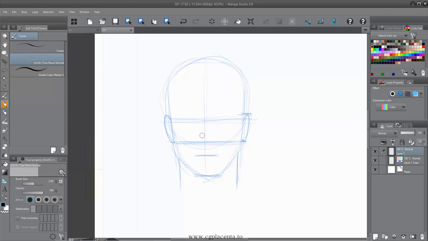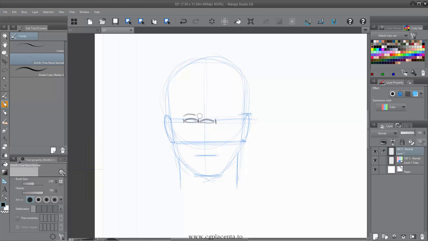So the eyes are generally spaced evenly across the face. What I mean by that is generally if we do an eye, so this will generally be the same.